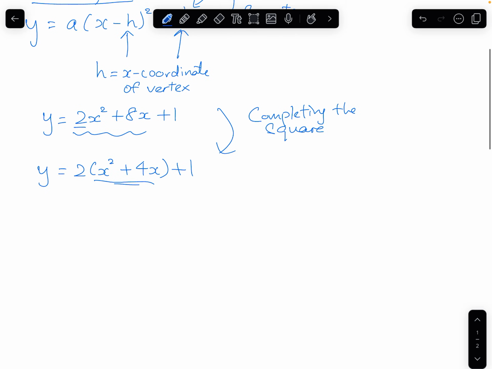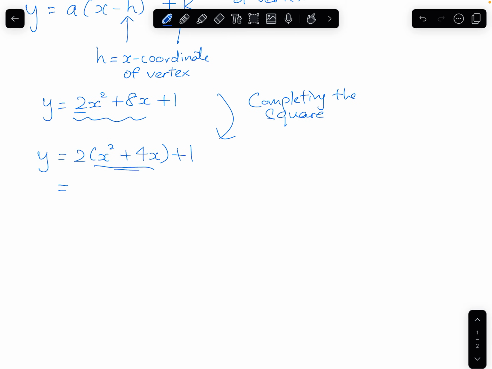And so now I'm going to start completing the square right here with x squared plus 4x. So I'll put the 2 here, and I'm going to put another bracket for this, because there are many terms here, so I'll use a separate bracket.